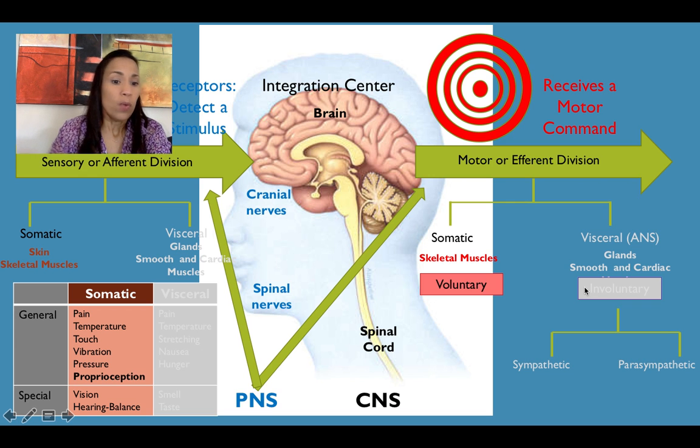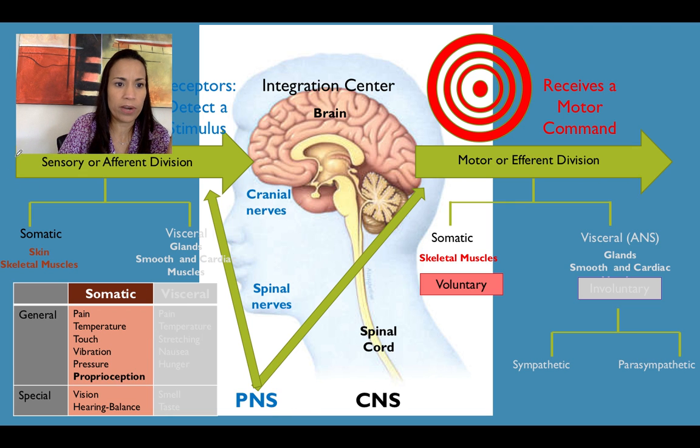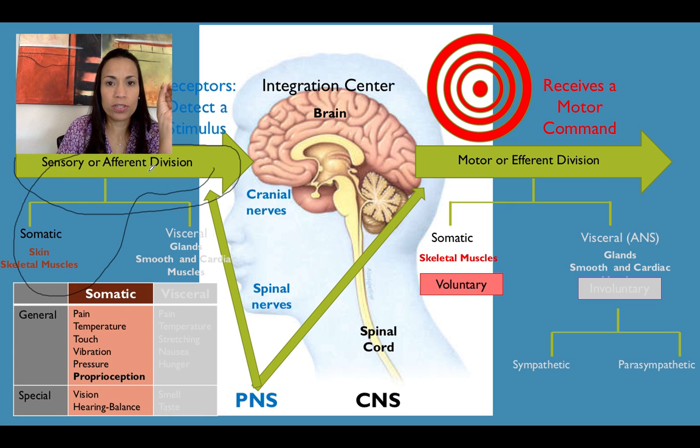Now, we have described in these two videos the sensory or afferent division of the peripheral nervous system, the somatic sensory or afferent division. Remember that we have four. So we described the somatic general receptors.